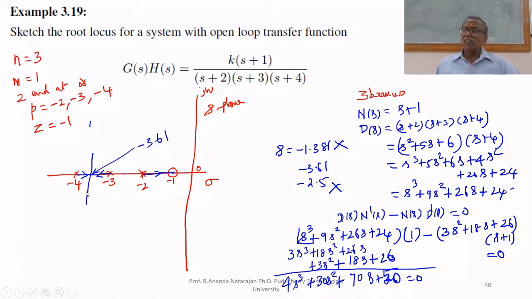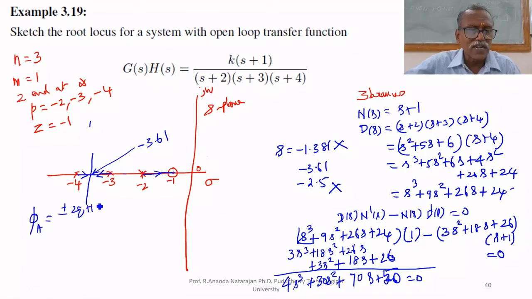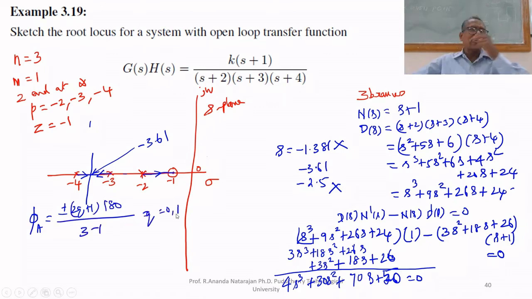What is the angle of asymptote? How many asymptotes will be there? N minus m asymptotes will be there. Out of three root locus branches, one ends at the zero, the remaining two go to infinity, meaning only two asymptotes. What are the angles? Formula is phi A equal to plus or minus 2q plus 1 multiplied by 180 divided by 3 minus 1, with q equal to 0, 1, only two values.